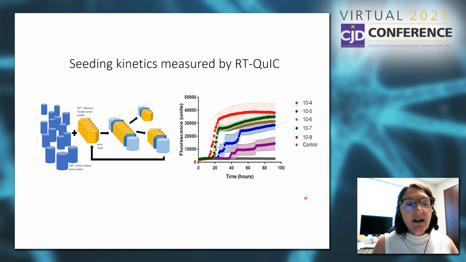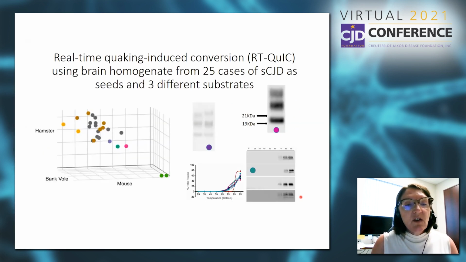And so we hypothesized that when we have conformationally distinct CJD, they replicate with slightly different kinetics in multiple different substrates, producing a kind of fingerprint for each type or subtype. So what we did was prepare a number of different substrates using full length and also truncated prion genes from different species.